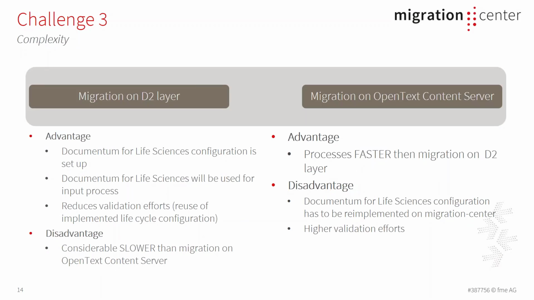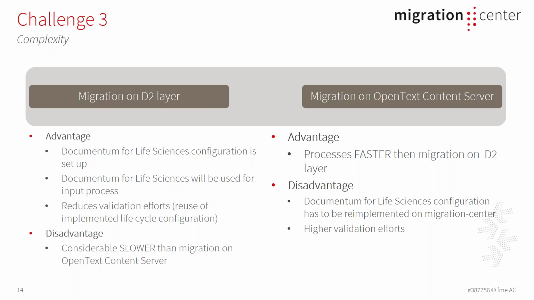Referring to complexity, as I said, we can migrate through the D2 layer, or we can migrate through the OpenText content server. D2 is based on the OpenText content server, and Documentum for Life Sciences is based on D2. There are some advantages and disadvantages.